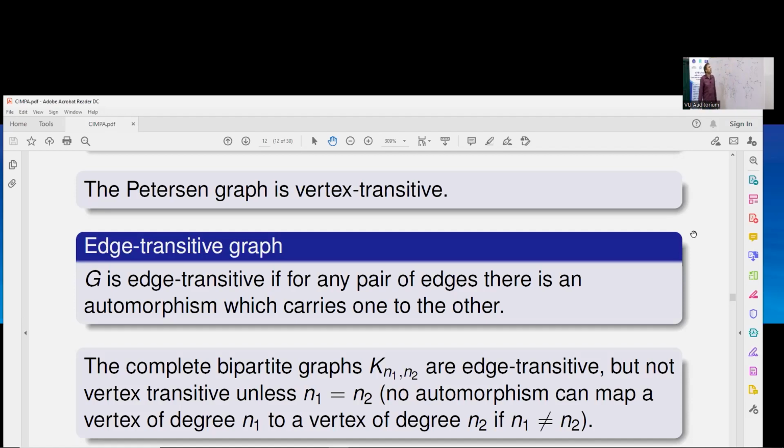Now look at this graph. Here we have two vertices in this partite set and three vertices in the other. And now, is this graph vertex or edge transitive?